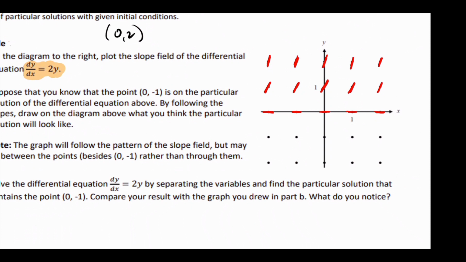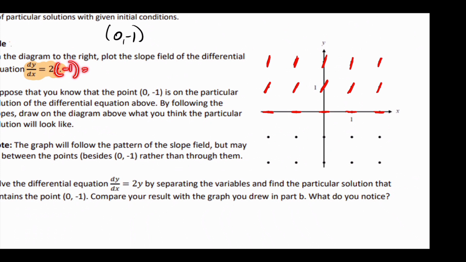All right, so now let's go down. These guys here, negatives. 0, negative 1. What is the slope going to be at 0, negative 1? Negative 2, right? Plug in negative 1 here, we get negative 2. So negative 2 is not perpendicular to these guys here, but opposite.